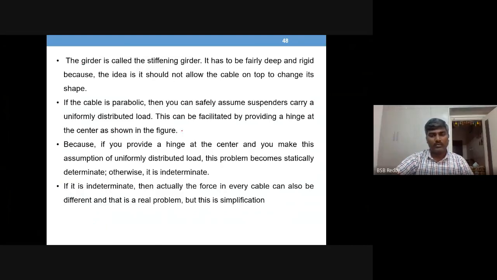I'll just show you the typical girder. These are the two ends of the carriageway, on which vehicular movement is allowed.